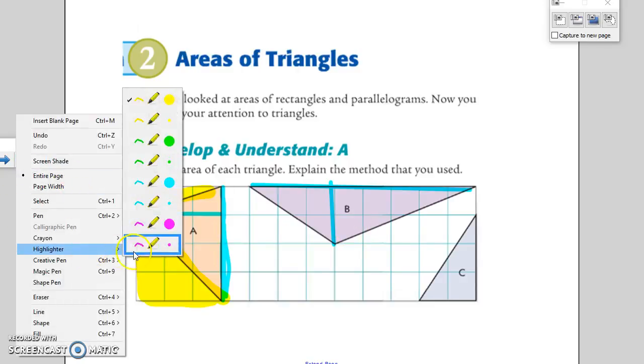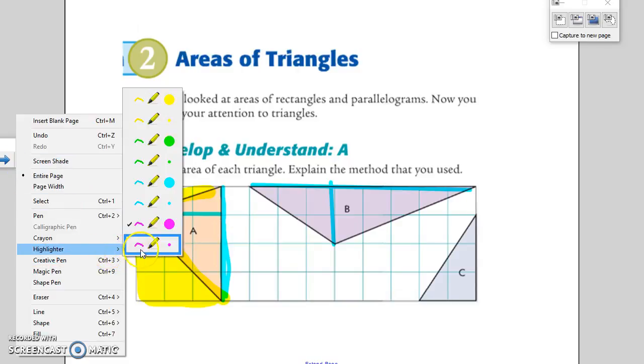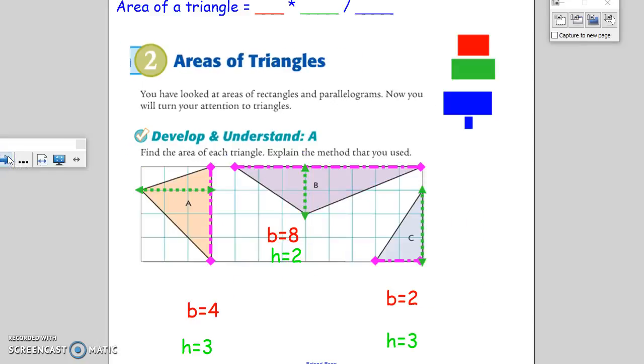Okay, so back to our previous highlighter, and I'm gonna have the numbers on the next slide. And this is super helpful because it's a right triangle. It's actually the easiest one we're gonna do because both the base and the height are sides. This is gonna have a base of 2 and a height of 3, or if you prefer to say it the other way, a base of 3 and a height of 2. Okay? So I drew those over here.